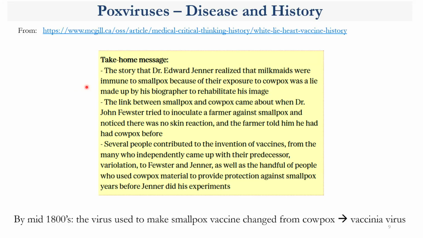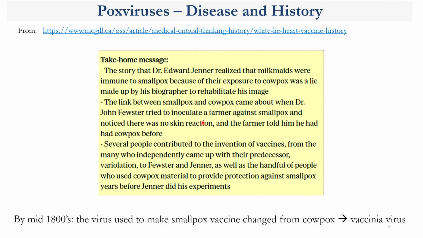Apparently, the whole thing was basically made up in his biography. But the link between the smallpox and cowpox was first seen by John Fewster.